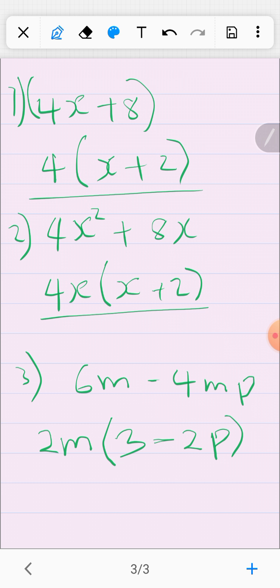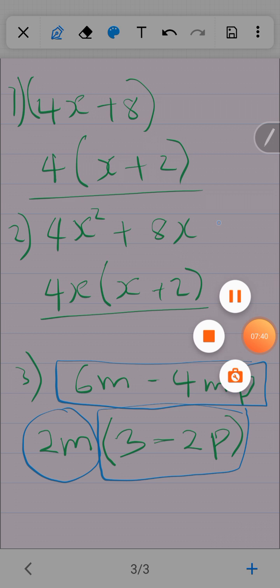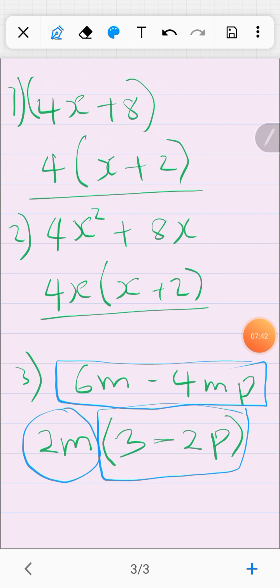So these two factors are the two smallest factors that can be multiplied to give me this expression. Every time we are factorizing something, we're trying to write it in terms of its simplest factors.